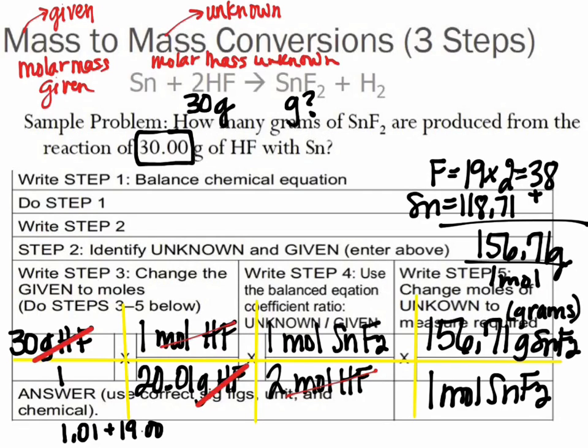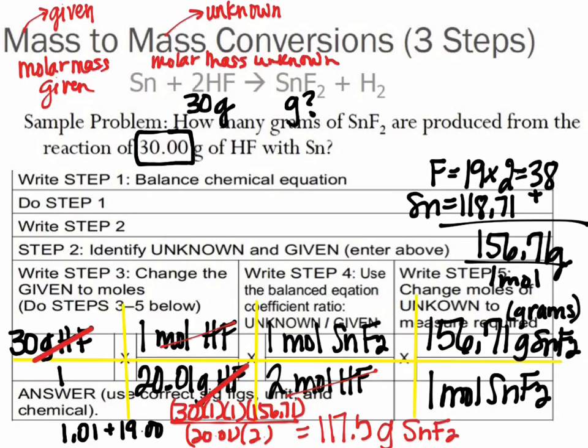So put that in the calculator, get me an answer. So give me 4 sig figs. 117.5 grams of SnF2.